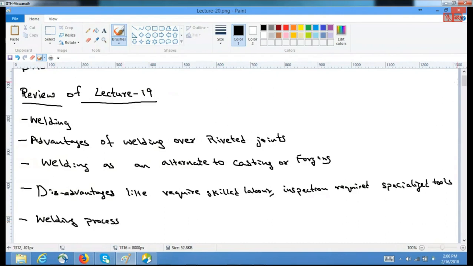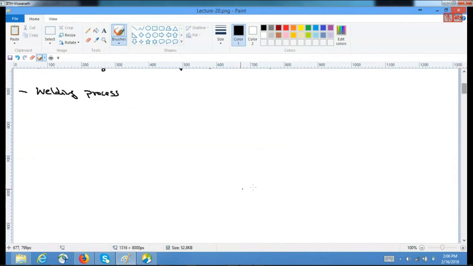And then we talked about different types of welding process, like those with only heat, where only heat is there, which involves two categories, as we said earlier: heat alone, and heat plus pressure. In the heat alone category, we have thermit, gas welding, and electrical arc.